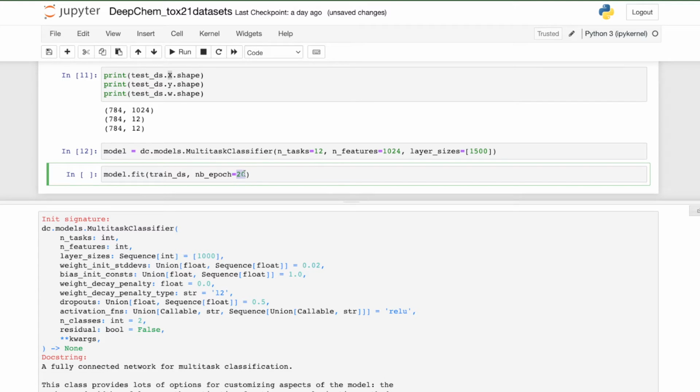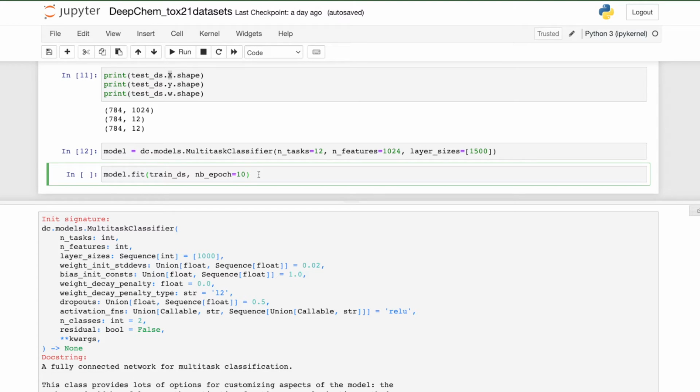I have seen somewhere between 5 to 20 works good. So let's put 10 in there, 10 epochs, that's what everybody uses by default. This means your entire dataset will pass 10 times, and then the gradient descent will try to optimize the loss and try to predict the best model.